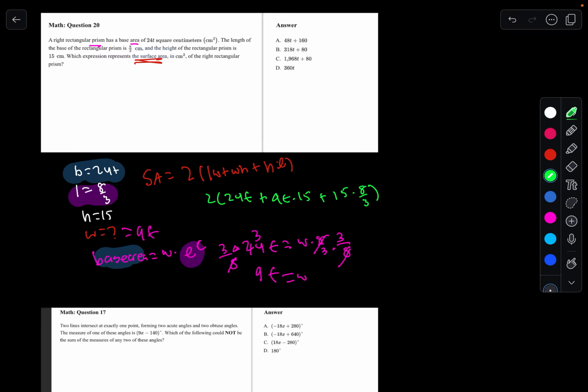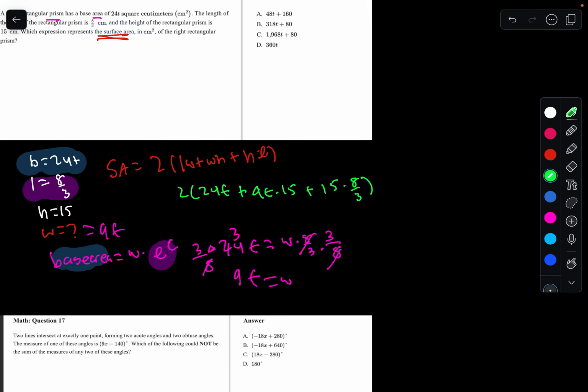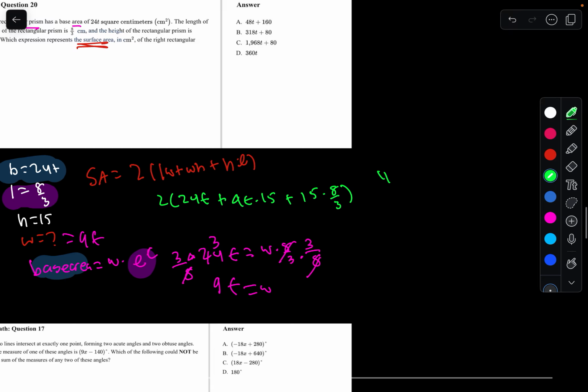And now you just solve it out. You multiply it, so we get 48t right here, so 48t plus 9 times 15.